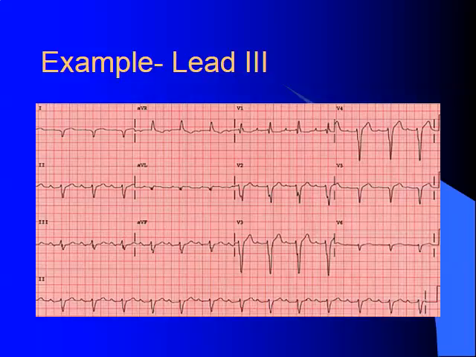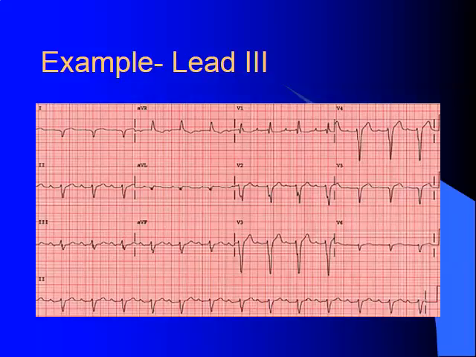So, in our example, we want to look for the most equiphasic limb lead. Out of leads 1, 2, 3, AVR, AVL, and AVF, which is our most equiphasic limb lead? I don't know how your computers are; it's kind of hard to tell from mine. I did state that usually the smallest complexes are going to be the most equiphasic.